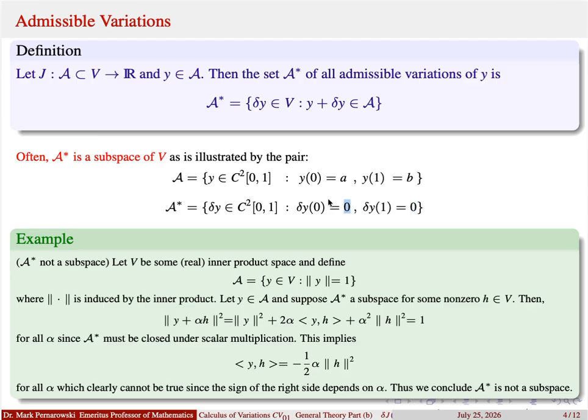So when I sum them, their sum will be a plus 0, which is still a. That's the verbal description of a much more common scenario, which is when admissible variations are subspaces of the original vector space.